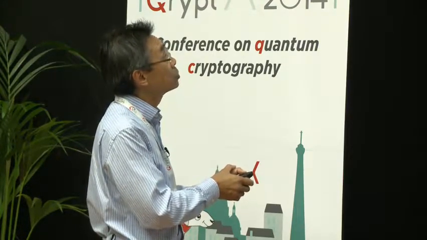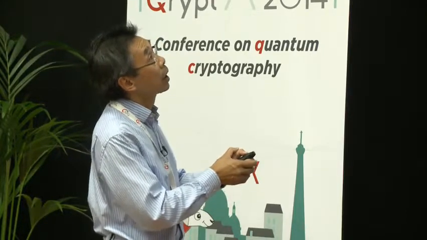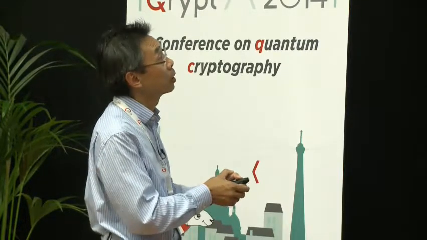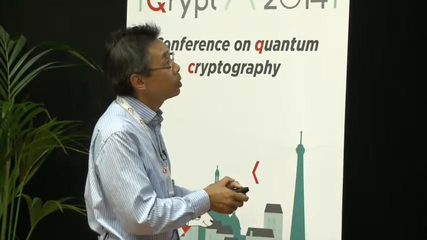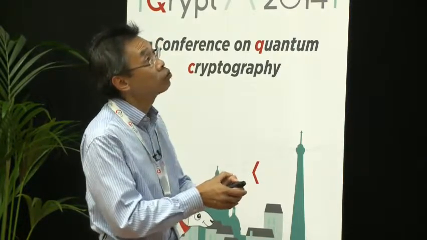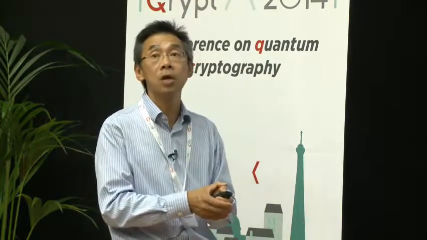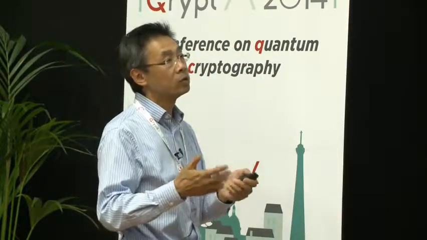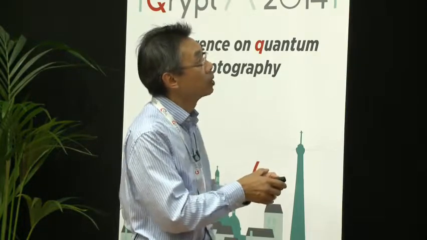This gap is due to when I subtract Eve's information leakage and also the finite key correction, down to here. The big drop is actually from here to here, which is really due to the timing jitter and more importantly due to the multi-pair emission. In this particular case, we were driving the down converter a little bit too hard. So there's a lot of multi-pair events coming up, and that causes the big drop in here.